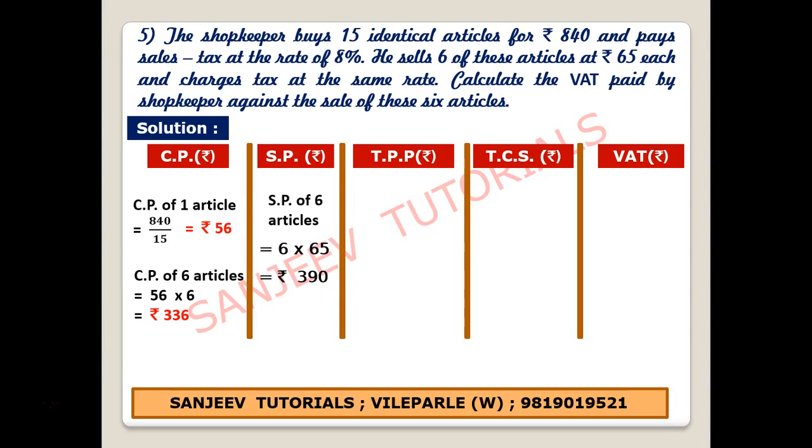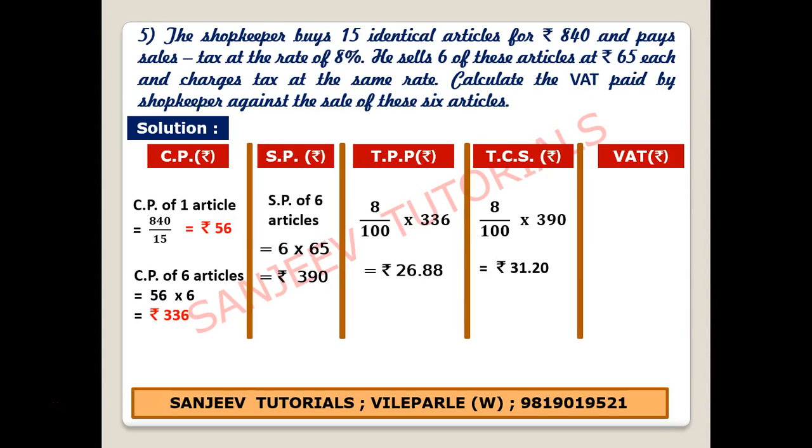Our next column, tax paid on purchase. So tax paid on purchase of 6 articles will be 8% of rupees 336, equal to rupees 26.88, and tax collected on sale of 6 articles will be 8% of 390, that is rupees 31.20.